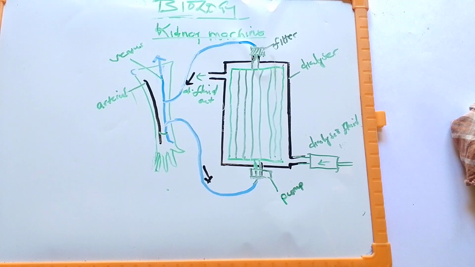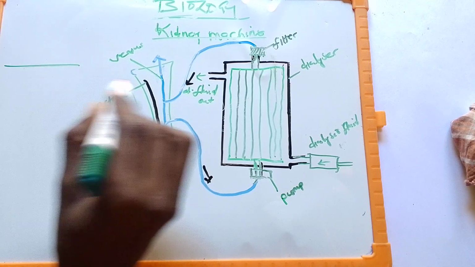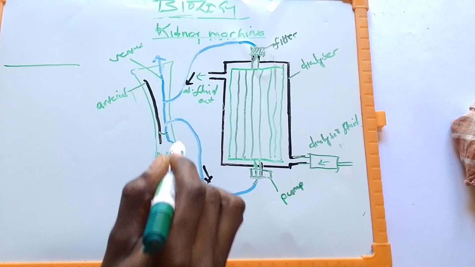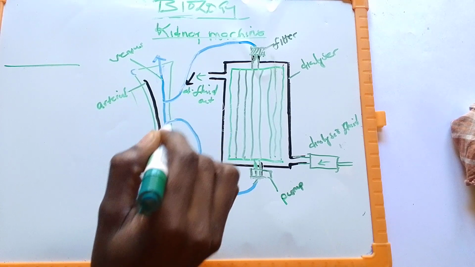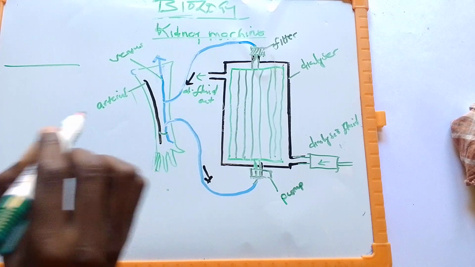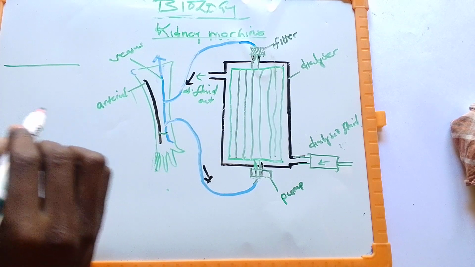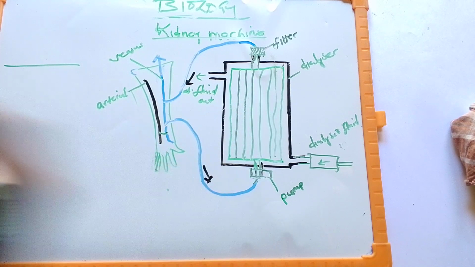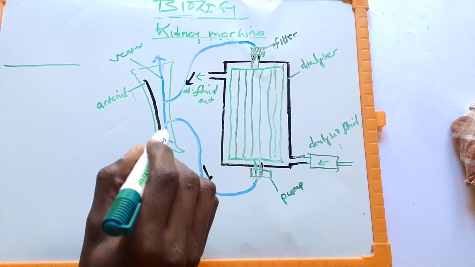So how this kidney machine is set up, you'll find that this is the hand of the person. Now they are going to put the tubes which will insert directly into the veins.